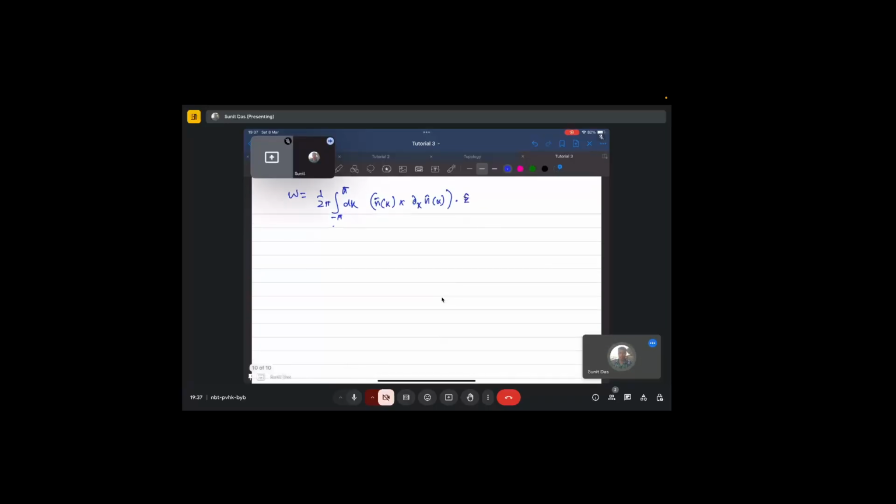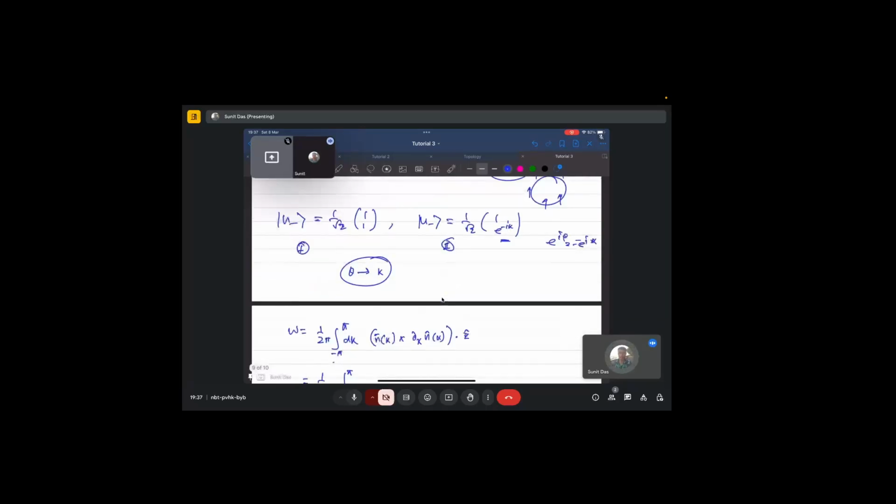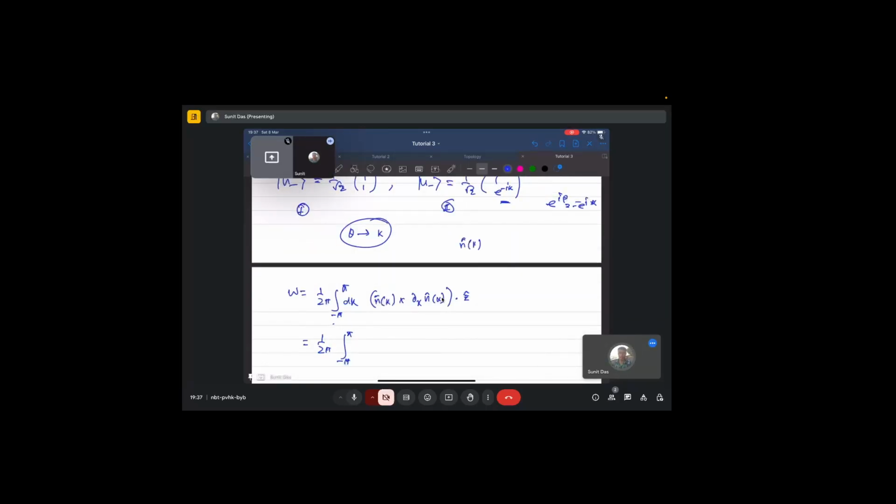You just need to compute the integral. So 1 by 2 pi, now minus pi to pi. So what is n of k here? In our case, n of k is simply e to the power ik or minus ik, let's say, right?